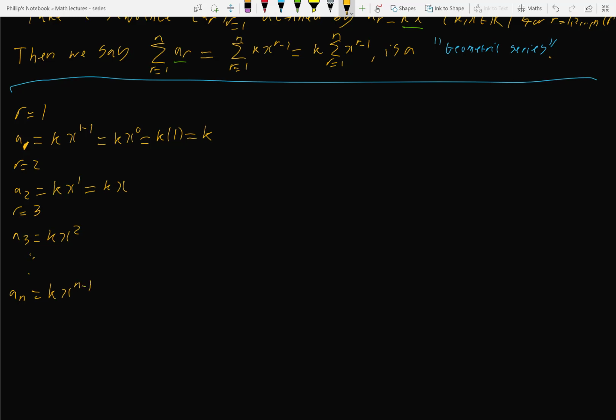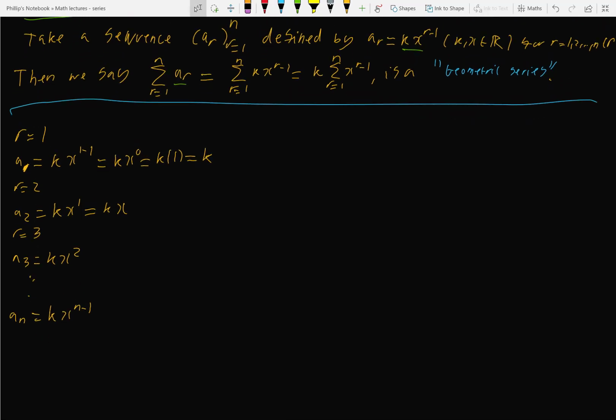You can also think of these terms as well. Another way to define a underscore r, sometimes you'll see it defined as this.